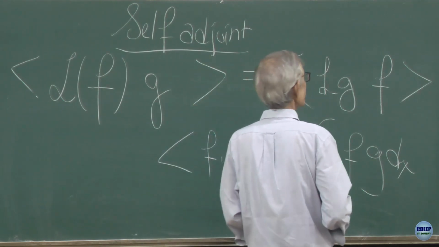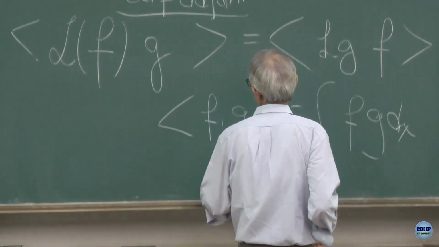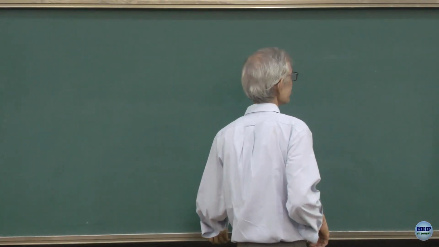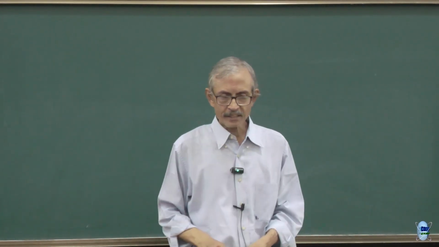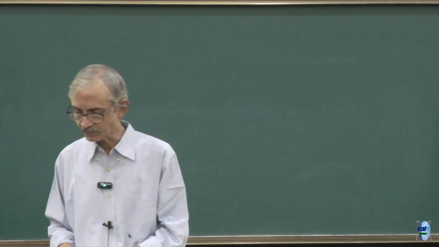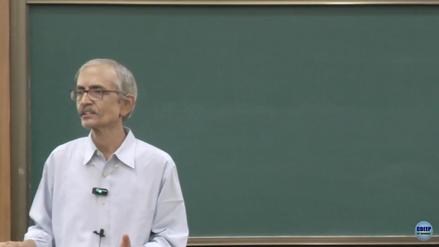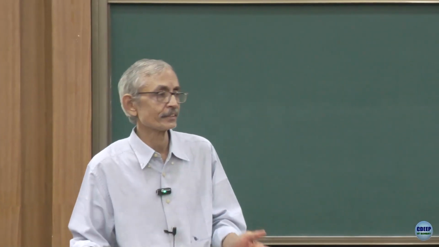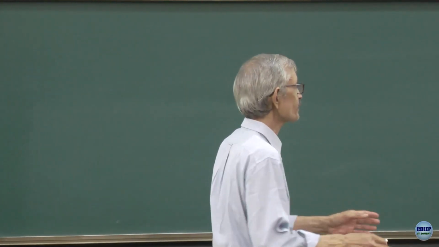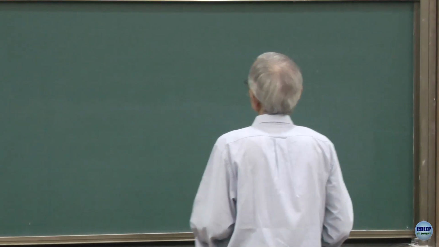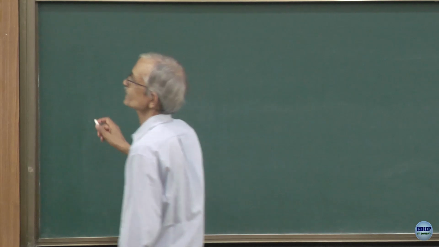Now what also happens is that an operator which is self-adjoint under certain conditions is not necessarily self-adjoint under other conditions. This is something that we need to appreciate here. So I've taken just an example.